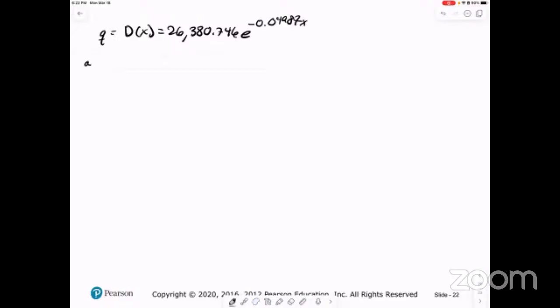asks us to find our elasticity of demand. Real quick, I think the elasticity of demand is negative x times D prime of x over D of x. So if that's our D, let's find D prime.